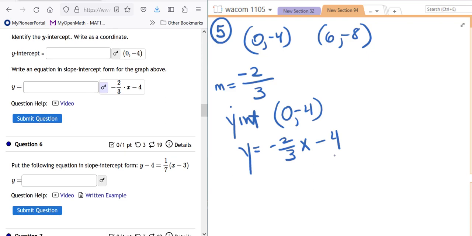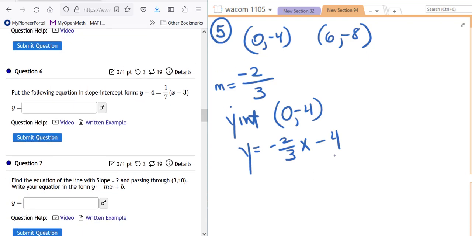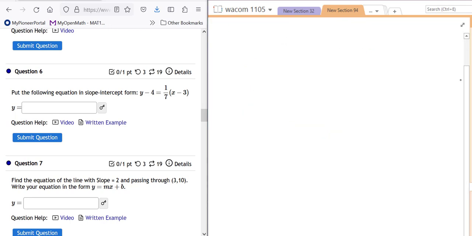All right, let's see what else we have. This one is just going to be some algebra, so we'll practice that. They want you to change this equation into the slope-intercept form.